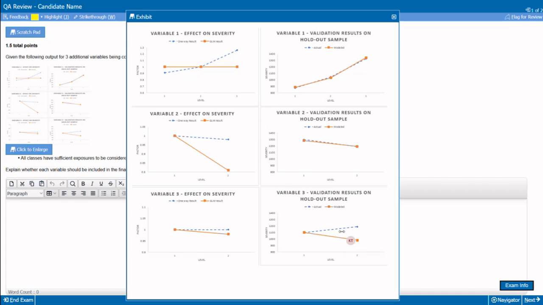We can see that for level 2, the actual results suggest an increase to severity, but the modeled results show a decrease. The results of this holdout implies some overfitting. Thus, I would exclude variable 3 from the results. Now I'm going to write my solution.